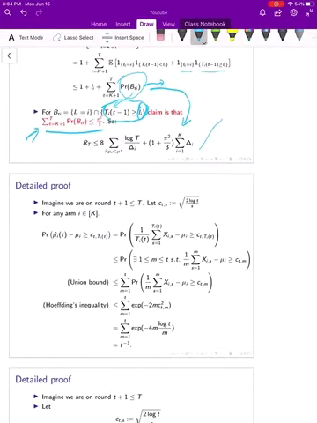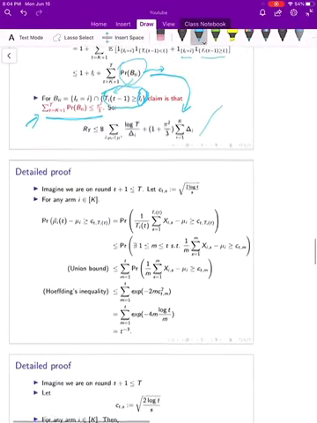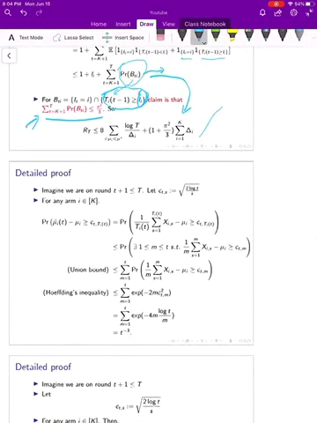So that is the core of this proof. For this, let us define this constant called C subscript t,s to be in this way.